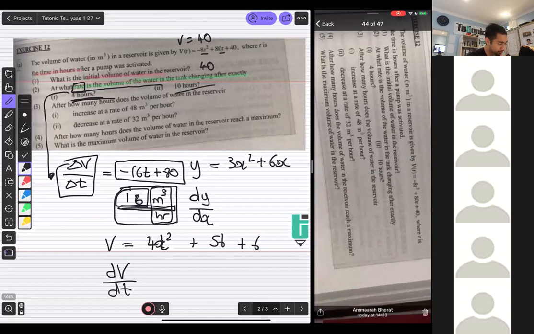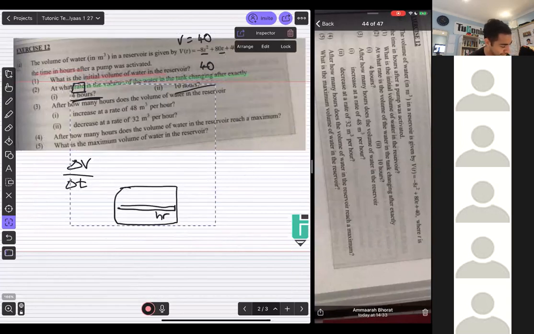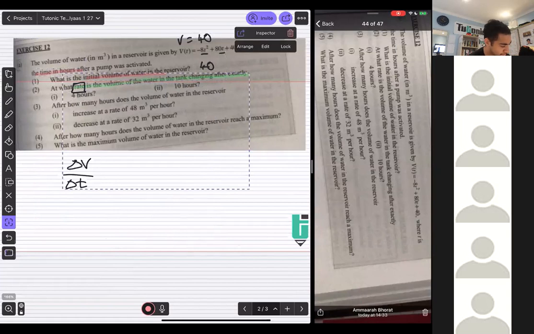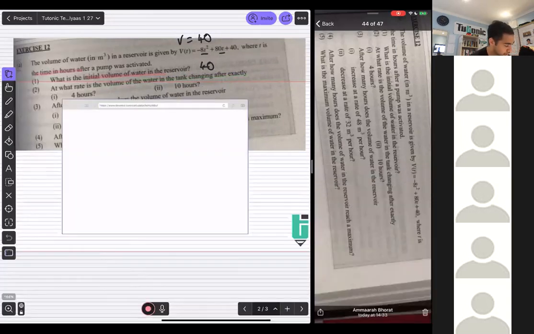Yeah, but it is decreasing. Wait, actually, why? Okay, let's draw the graph to make sense of this. This is exactly the same as calculus. You're just using an example.